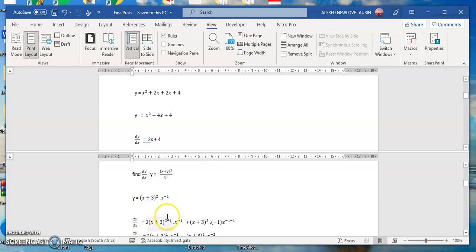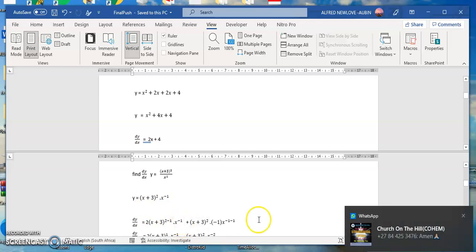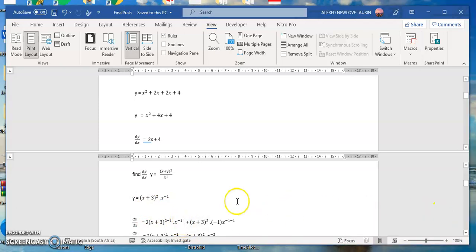Then you have 2 minus 1. Then x to the power negative 1. Then this method, you see that we have two expressions here, this and that. So what you need to do is you differentiate this one, then you keep the second one, then after you keep this one and you differentiate this.